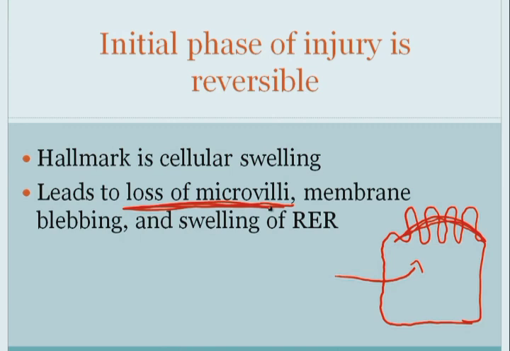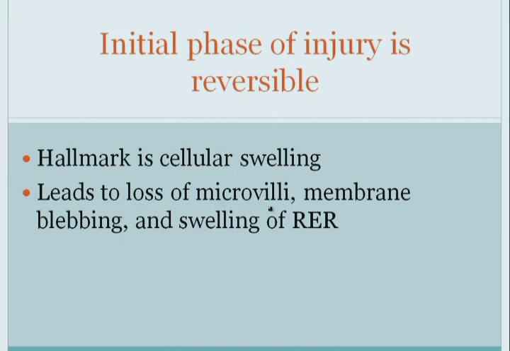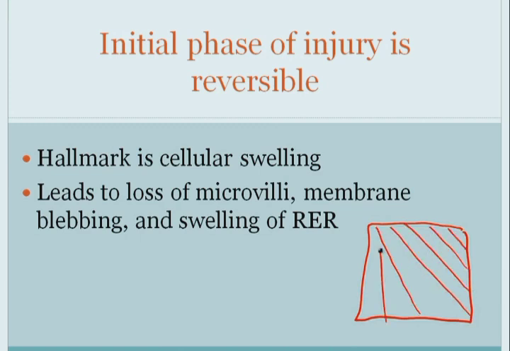Another important feature of reversible injury, again going back to cellular swelling, is membrane blebbing. Let's remind ourselves that the cell contains something called a cytoskeleton, and the cytoskeleton maintains the size and shape of the cell, but also maintains the integrity of the membrane along the surface of the cell.